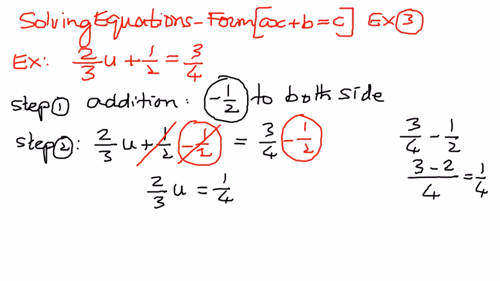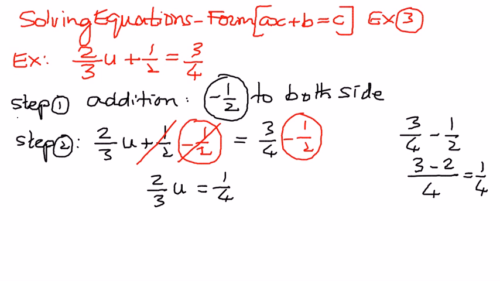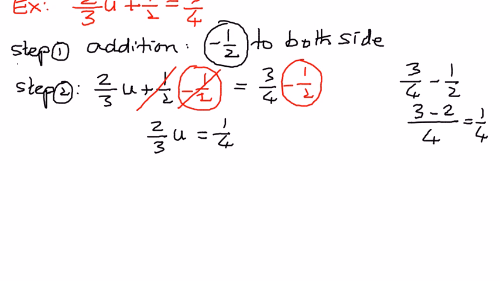So by using the addition property, we were able to simplify this expression a little bit. Now we want to simplify it some more. In this next step, step number 3, we're going to use the multiplication property to be able to find the value of u. And to do that, we're going to multiply by the reciprocal of 2 over 3.